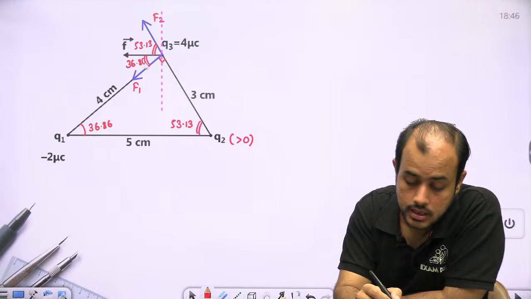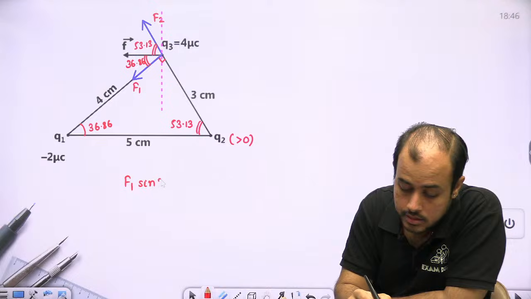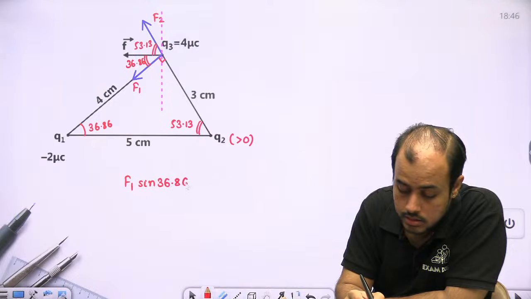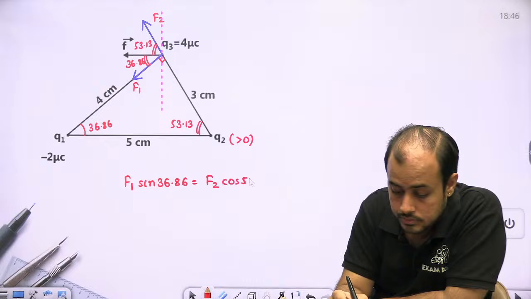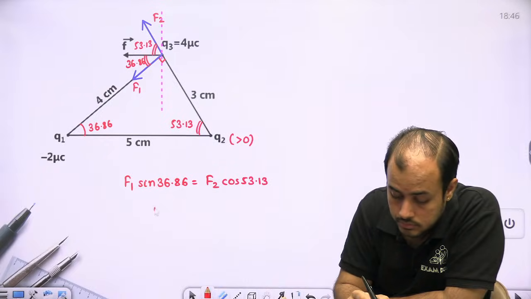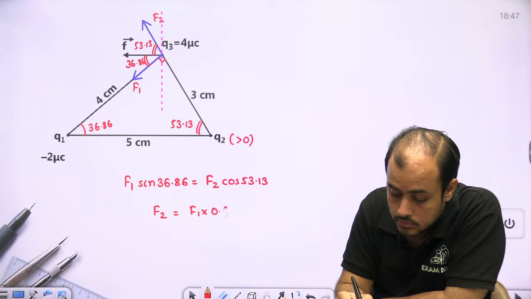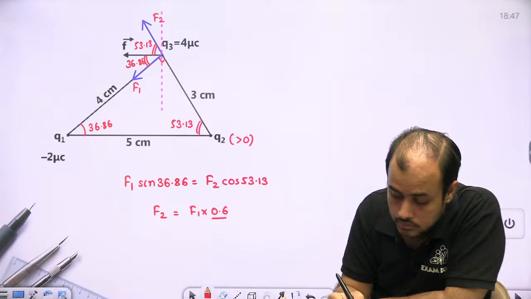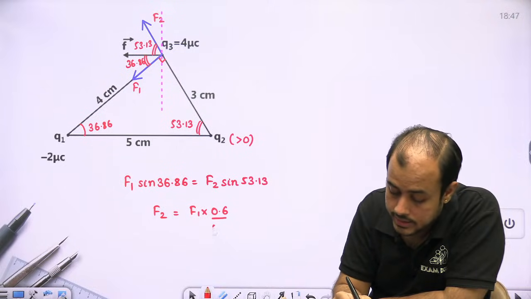Now the vertical components of the two forces, so F1, the vertical component will come from sine.